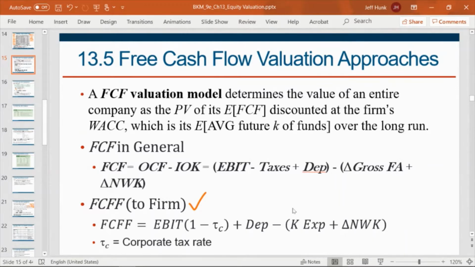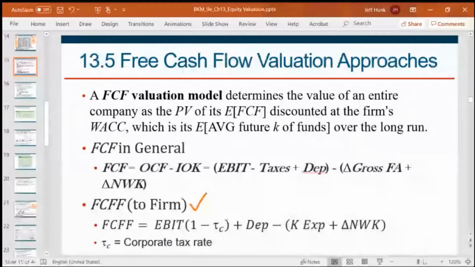Now, first of all, to define free cash flow. Free cash flow is very strictly defined. Just because the name is free cash flow, it doesn't mean it is liberally defined. It's very strictly defined. It's very rigorous.